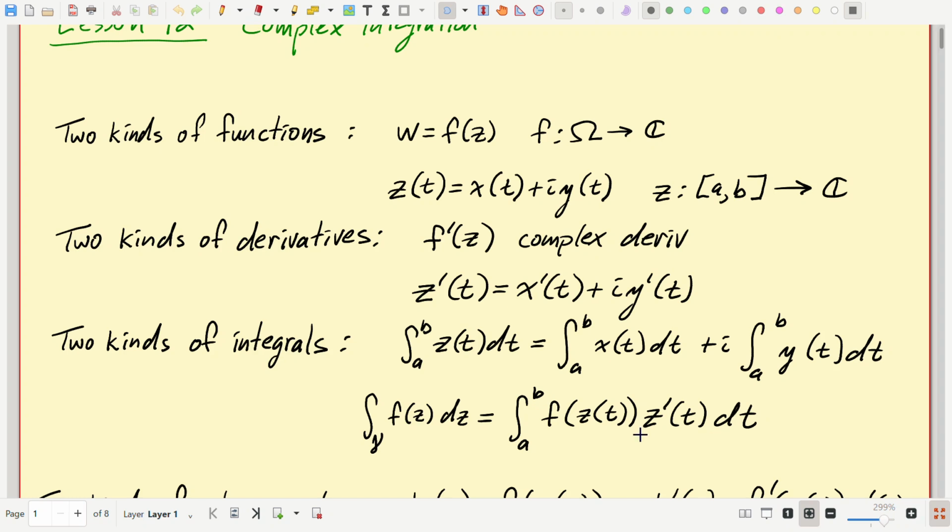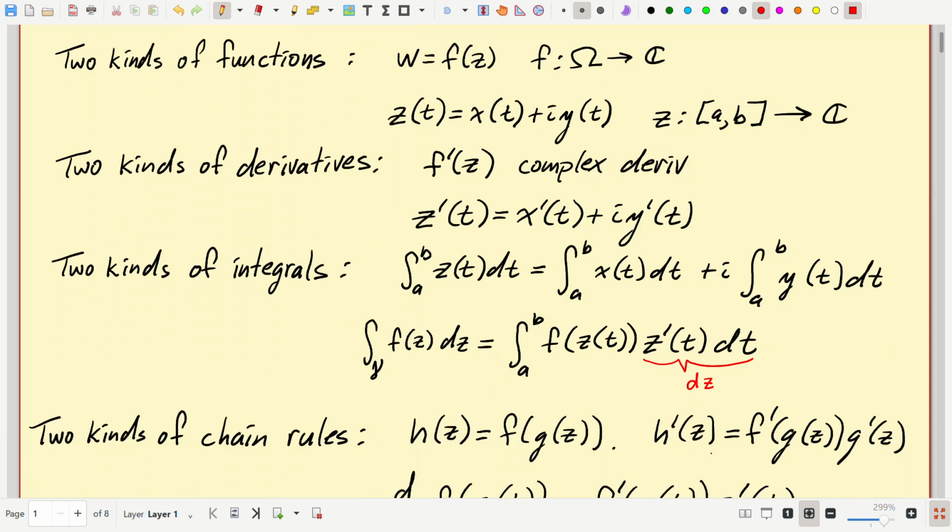But you think of this z prime of t dt as a dz. If I wrote dz dt for that z prime of t, then that would be dz dt times dt, leaving you with a dz. Anyway, that's how you remember that formula.